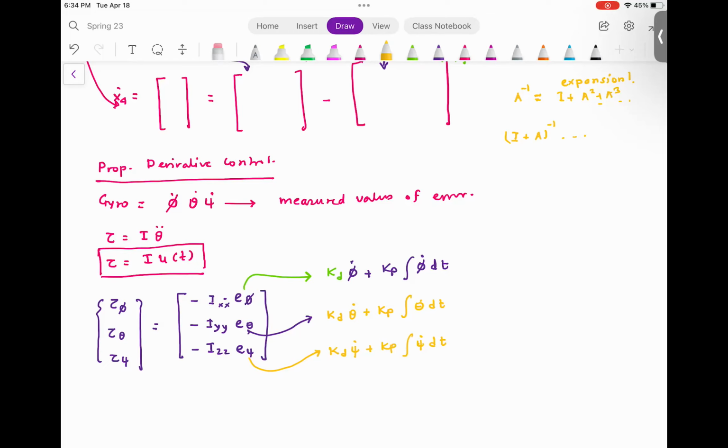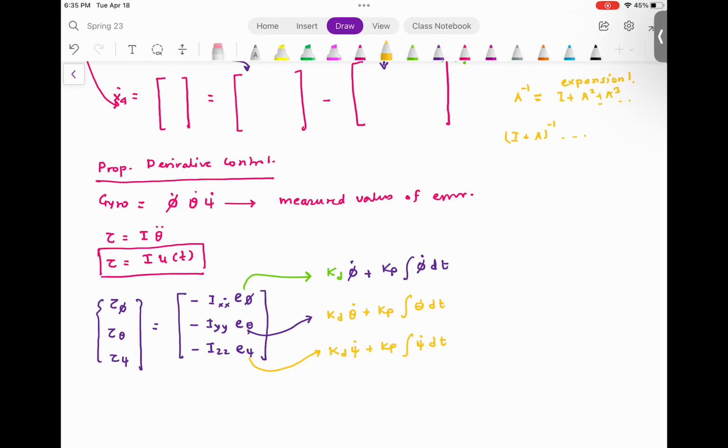But clearly, your expectation is that the angular velocity has to be zero, but you got a non-zero angular velocity. So I'm going to change the value of torque based on the error in the roll. An error in the roll is nothing but this controller term, which is Kd multiplied by roll rate, theta p dot, plus Kp integral of roll rate. So that is the roll angle.